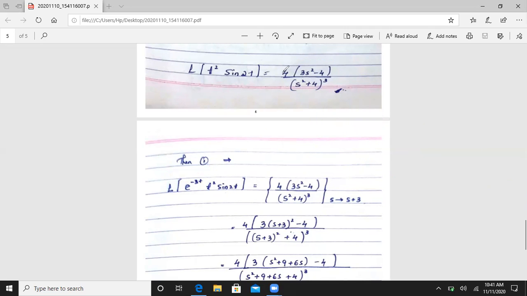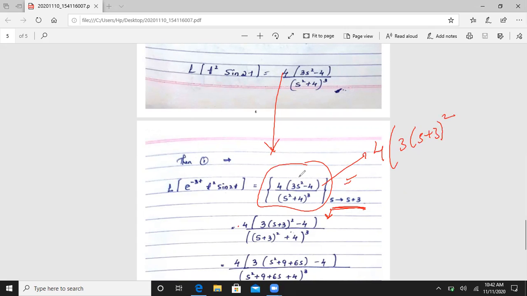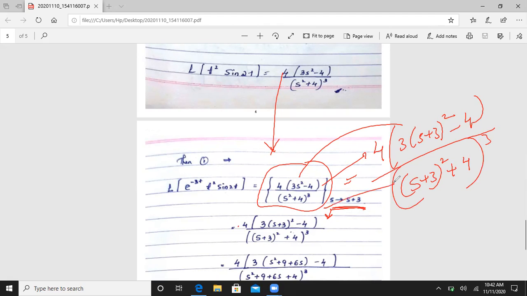Here is your answer, that is 4 into 3s square minus 4 divided by s square plus 4 whole cube, where s tends to s plus 3. Here we will simplify this function: 4 into 3 into s plus 3 whole square, minus 4 as it is, divided by s plus 3 whole square plus 4 whole cube.